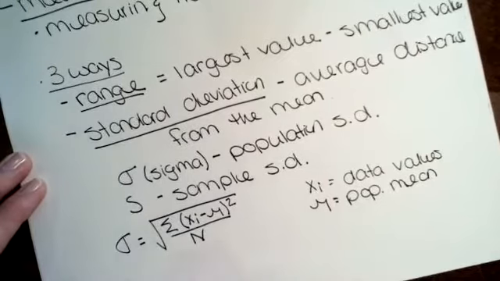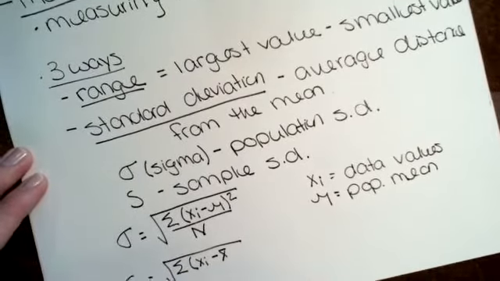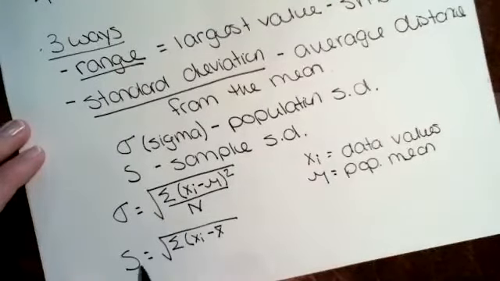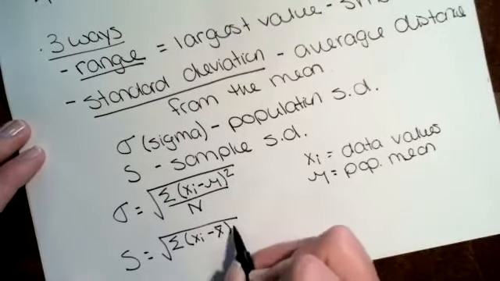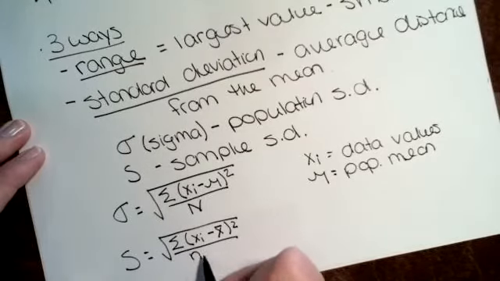Okay. And S, it's almost the same calculation, slightly different, is the square root of the summation, again, of all my data values, but I'm looking at the distance from X bar because it's the sample, so the sample mean squared, divided by the number in my sample minus 1.